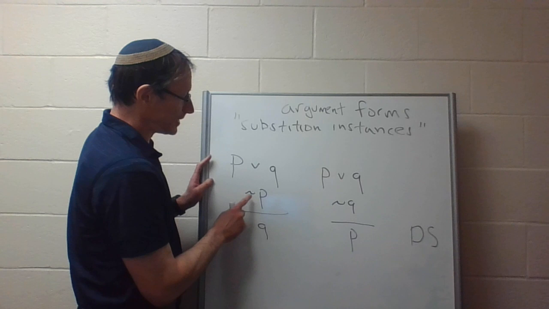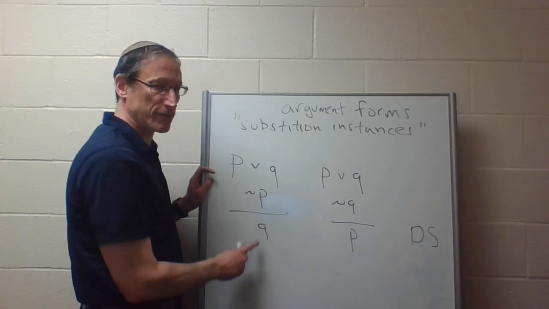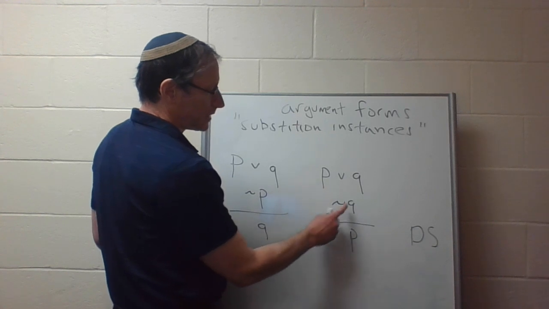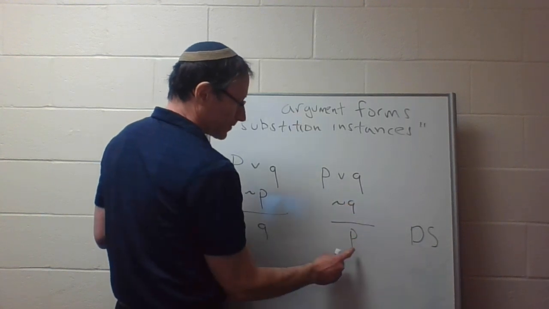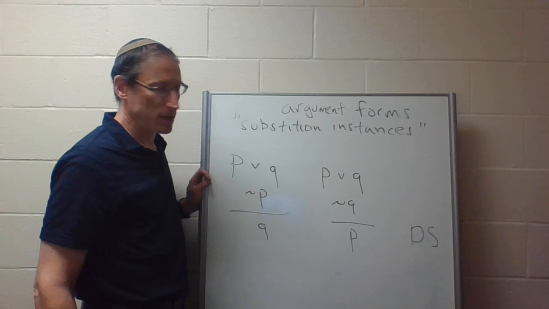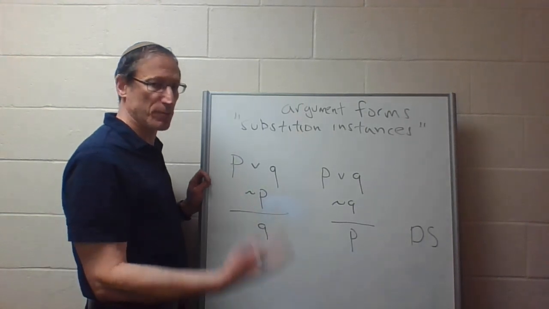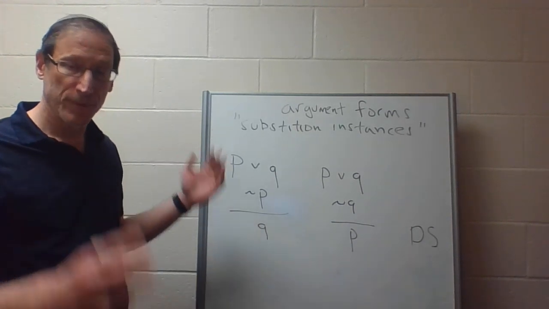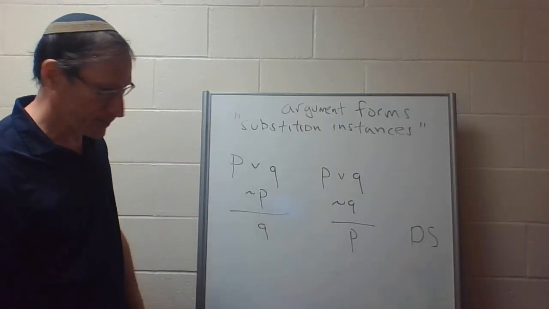In the first case, I negated the left-hand side and I inferred the right-hand side. In this case, I negated the right-hand side and I inferred the left-hand side. So I'm going to say that these are both good examples of the form disjunctive syllogism.